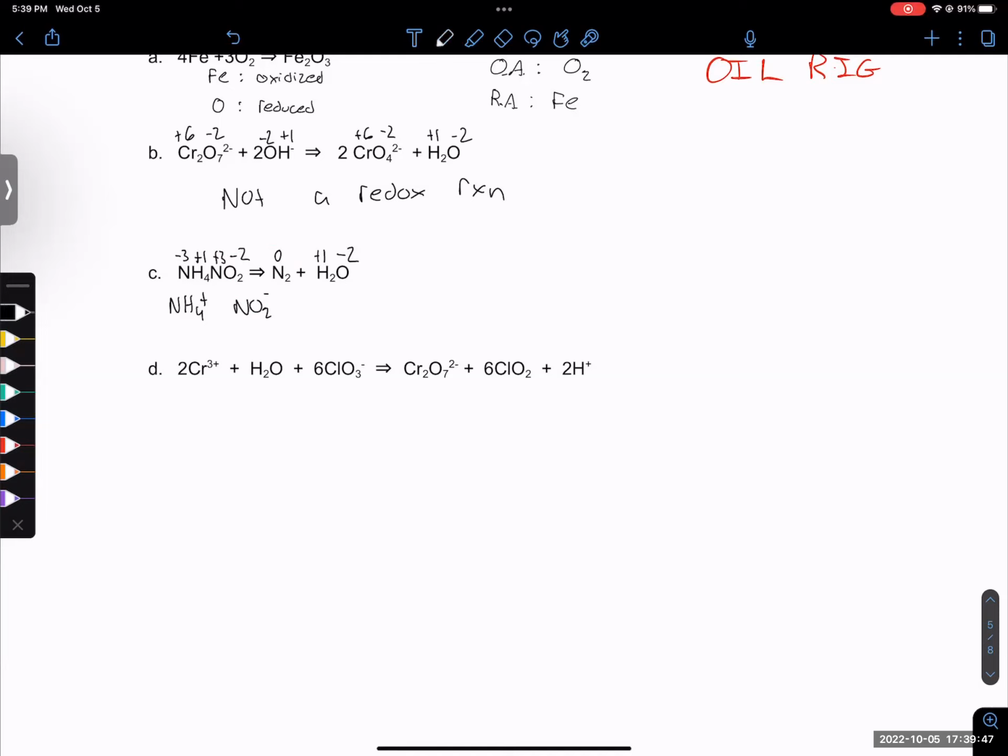In this case, would the oxidizing agent and reducing agent just be ammonium nitrite? That's correct. So the oxidizing agent and the reducing agent are this one reactant here, the same thing because we only have one reactant, and it's NH4NO2.